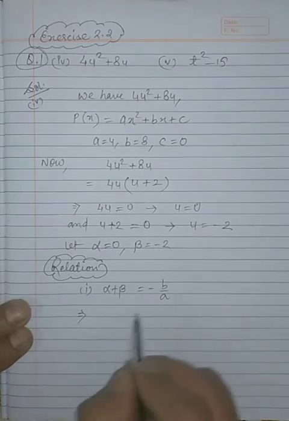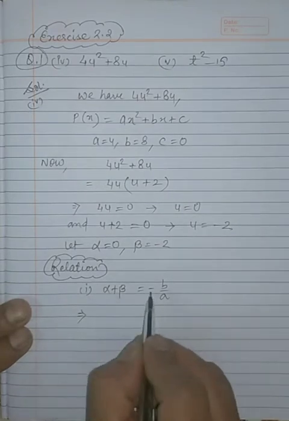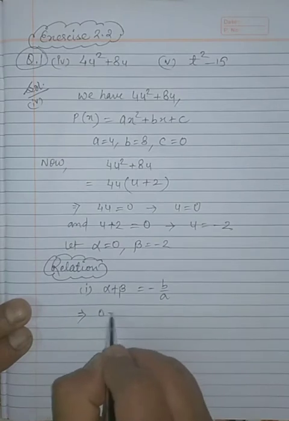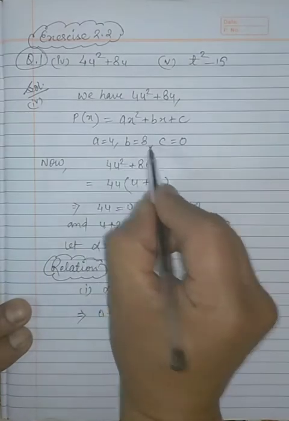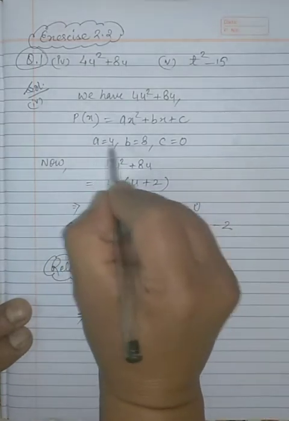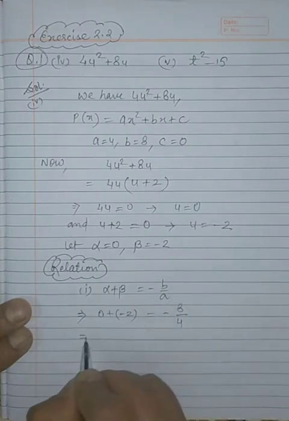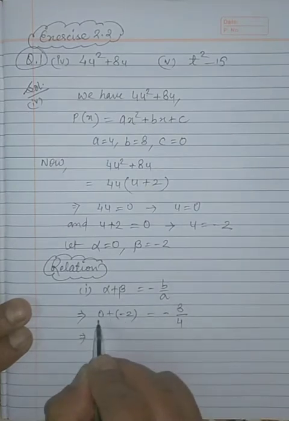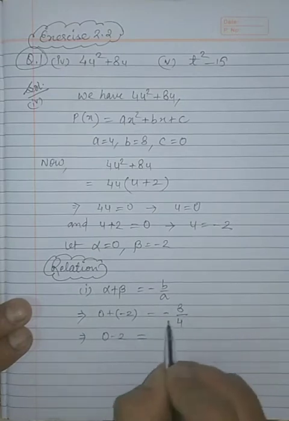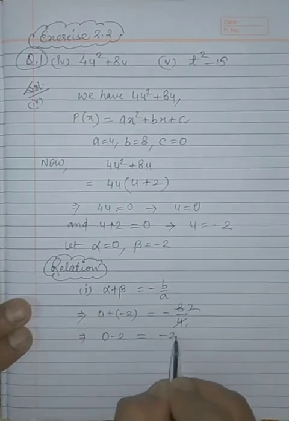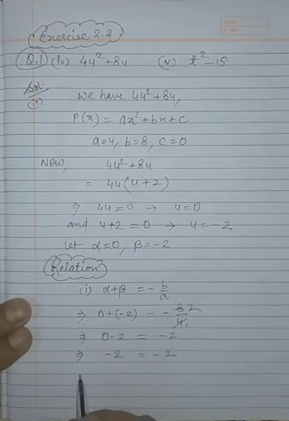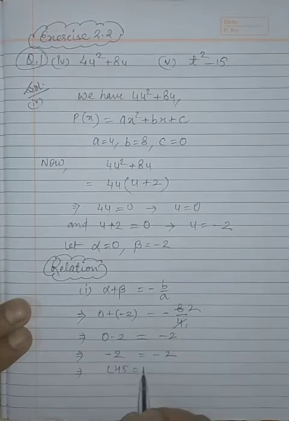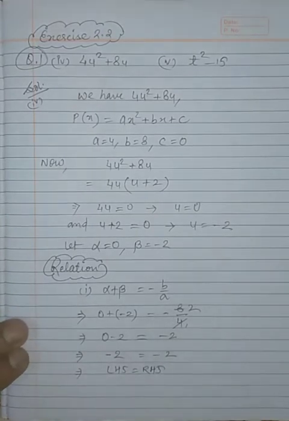Put the value of alpha and beta here. 0 plus minus 2 is equal to minus the value of b, 8, upon the value of a, 4. So 0 minus 2 is minus 2, which is equal to minus 2. That means LHS is equal to RHS. So the first relation is verified.